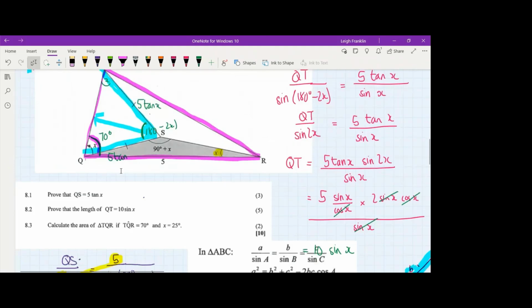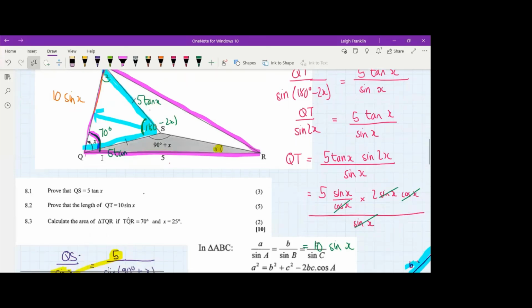We know that this one is 70. So we've got this side over here, we've got this angle, and we need this side over here. We know that that's 5. QS, we know that that is 10 sine x. So we've got the 10 sine x over here, 70, and we've got our 5. That means we can calculate the area of the triangle because we've got a side angle side situation.